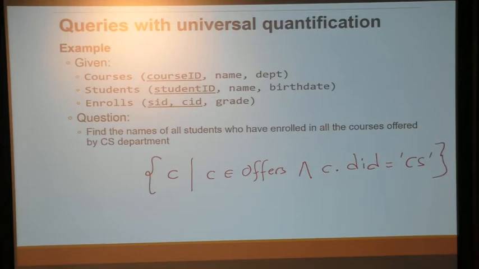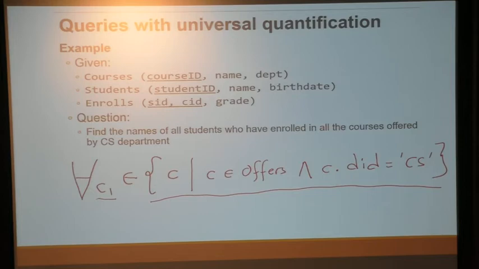Okay, so this is the set of all the courses offered by the CS department. So what I want to find is another universal quantification: it must satisfy that for all the courses C1 in this set. Now you have a set over here. This C1 will iterate over all the elements in the set.